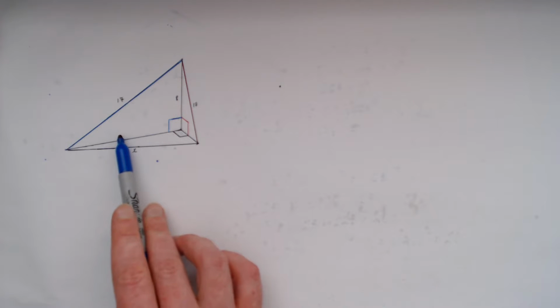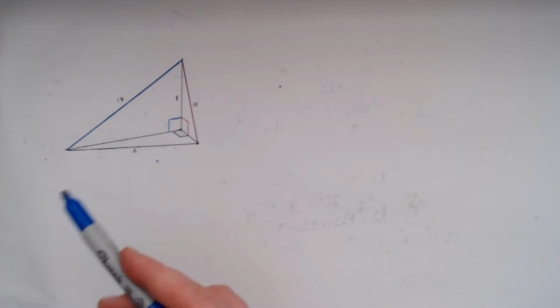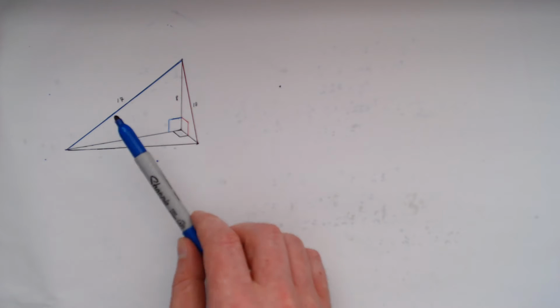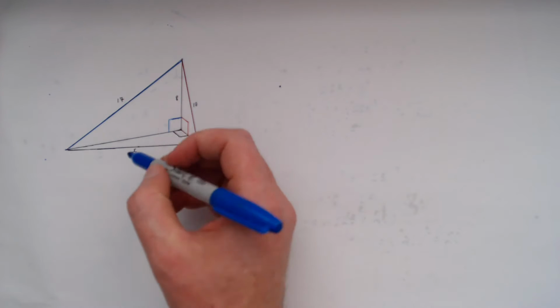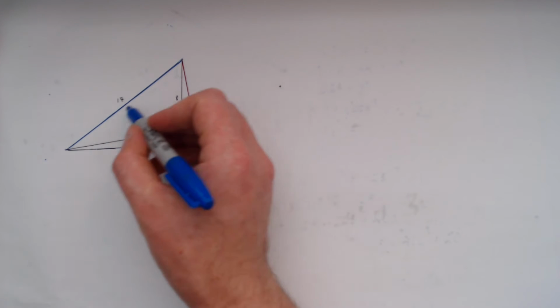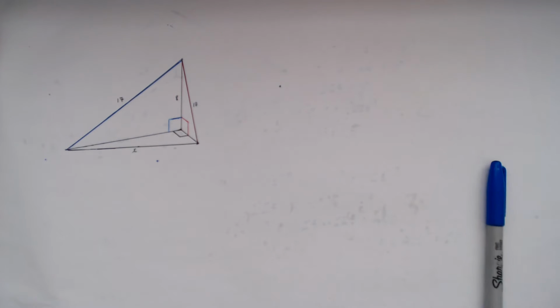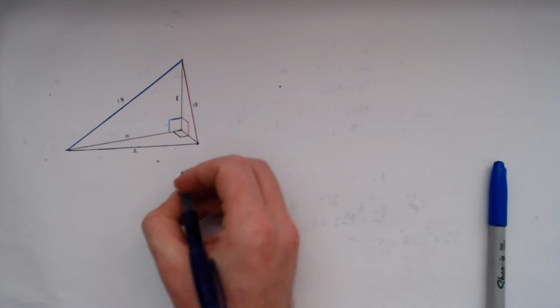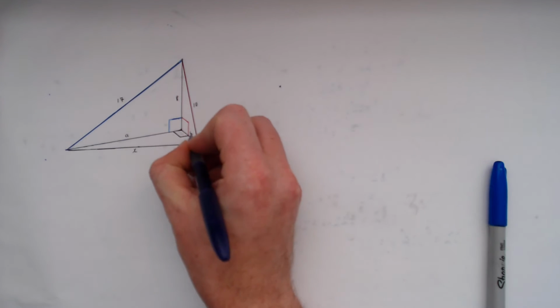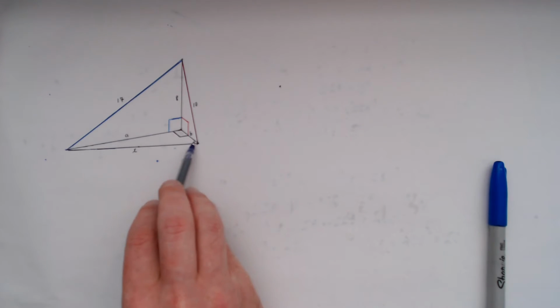At this point, I have neither, so I'm going to have to use my other triangles to calculate these 2 values first. I'm going to start with this triangle with long side 17, and I'm going to label this unknown distance here A. And while we're at it, let's call this distance here B.